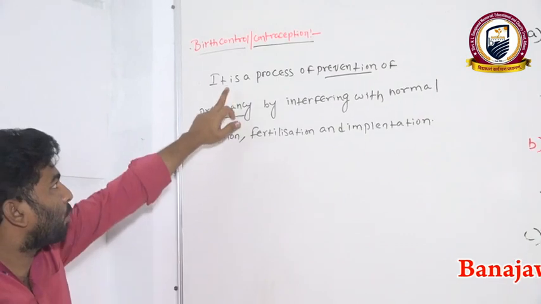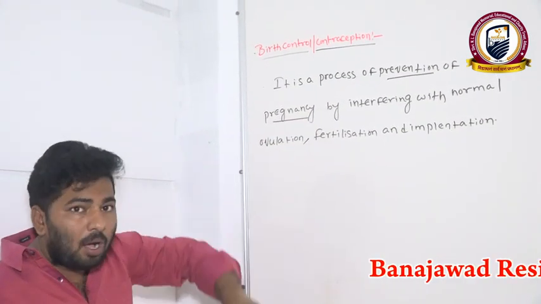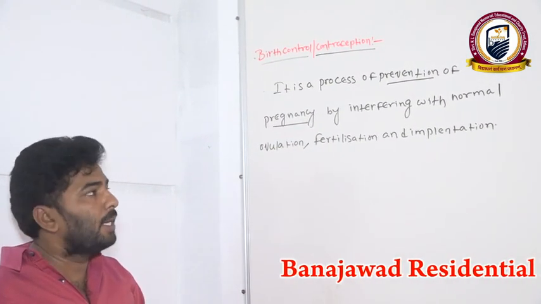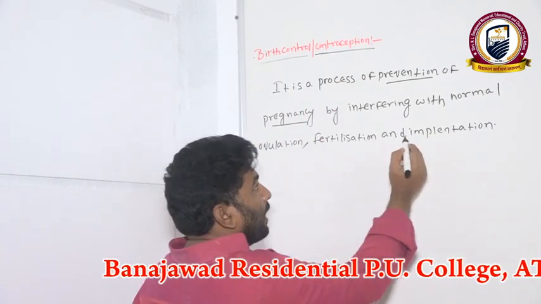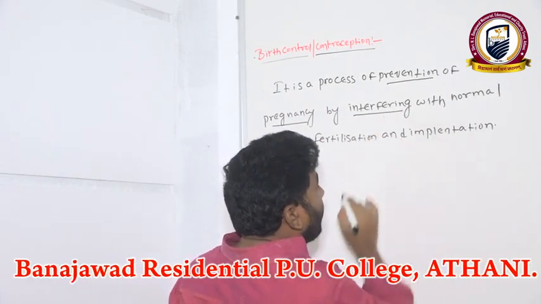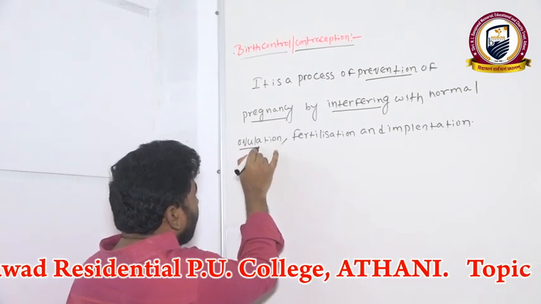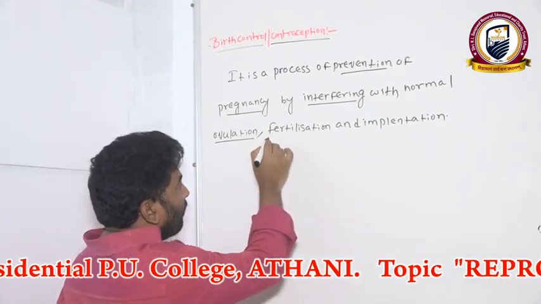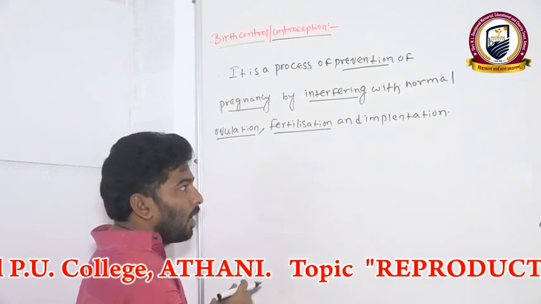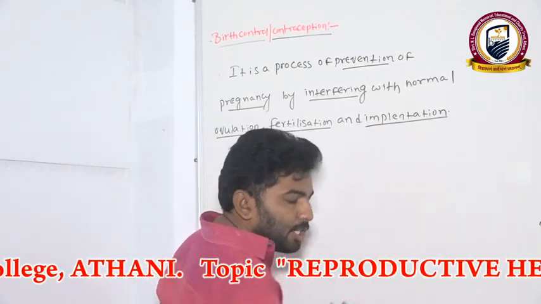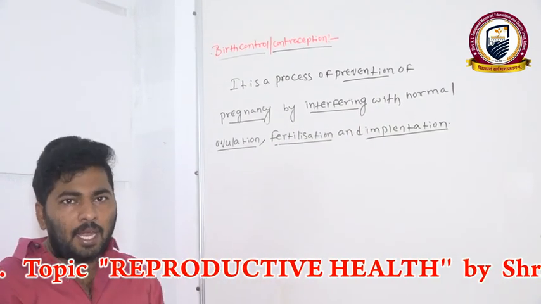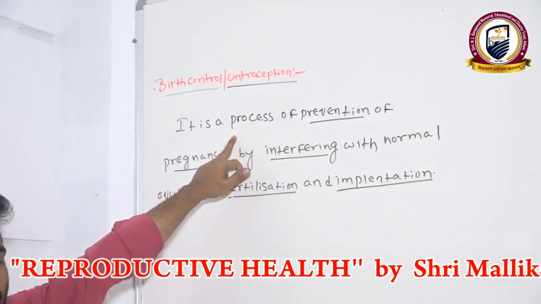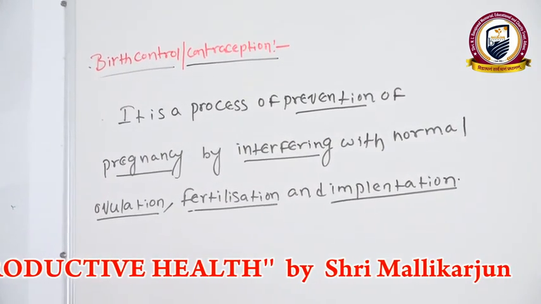Okay, fine. It is a process of prevention of pregnancy. How are we going to prevent the pregnancy? Contraception prevents pregnancy by interfering with the ovulation process, the fertilization process, or the implantation process. In these three ways, it can interfere in any one area and prevent the pregnancy.